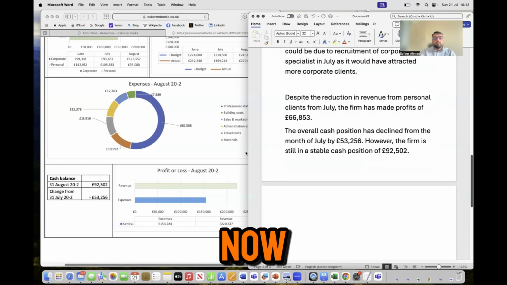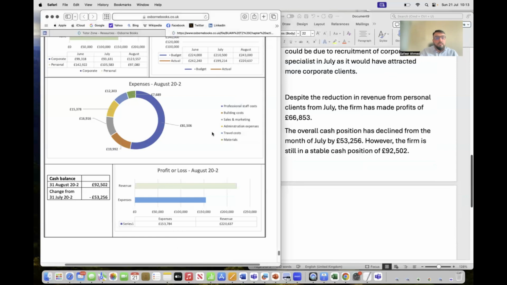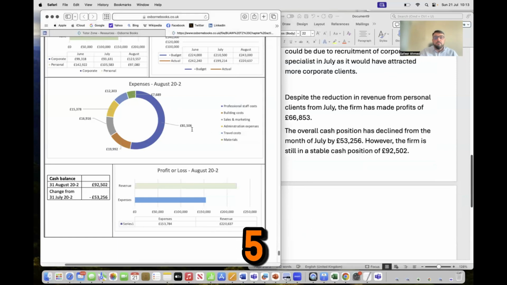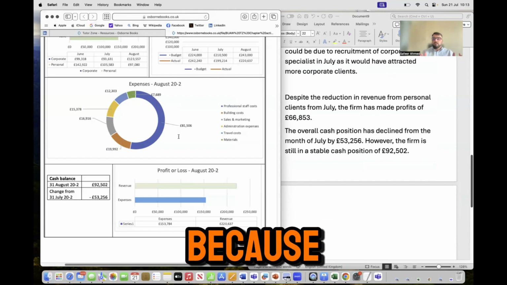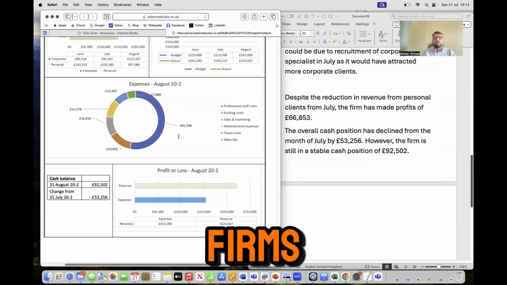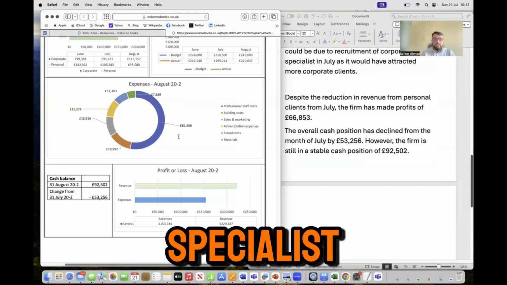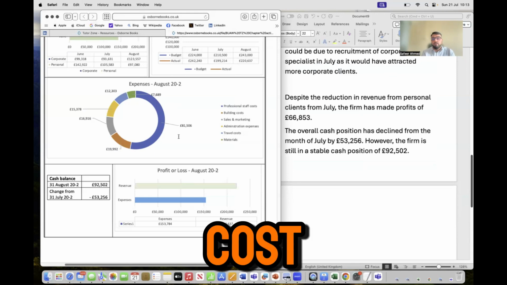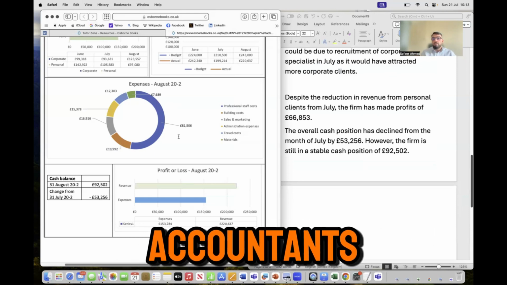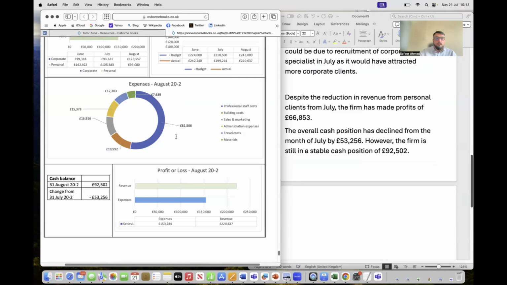That's that. Now, if you look at the expenses, professional staff cost is 81,506, which is common because remember in accounting, and especially the taxation services firms, those staff are well skilled, specialist knowledge, all of that, so their cost is going to be high. That's the kind of main cost for any accountancy firm. Building cost, you can fairly say that that's okay as well.